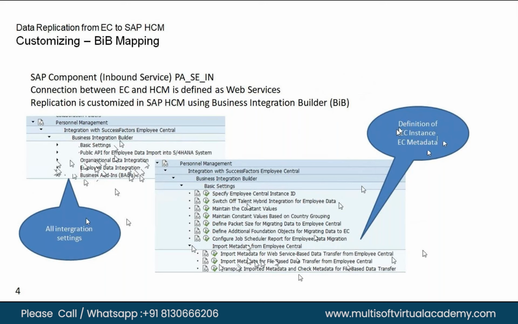Yes, that's correct. But there are actually three options. One of them is the web service based data transfer, one of them is the file based, and then transport. As far as I remember, I have used the second one, but I would like to know about the first and third one as well.